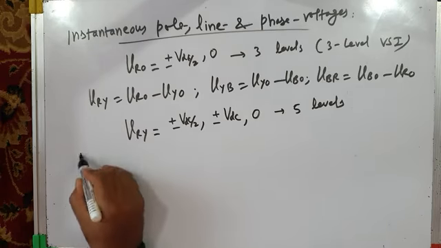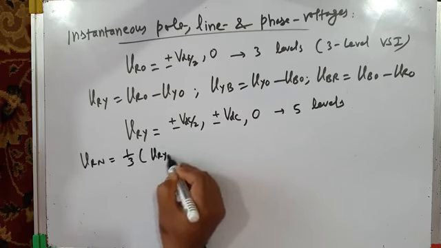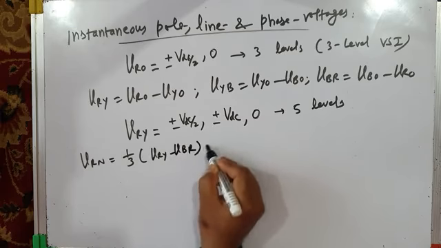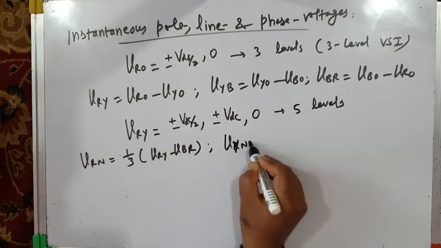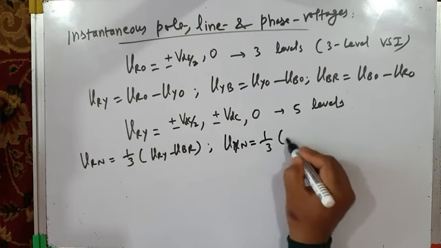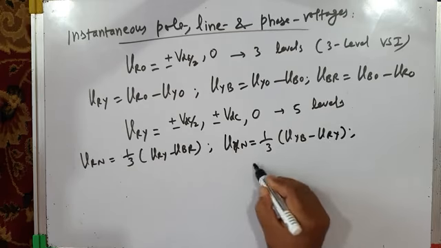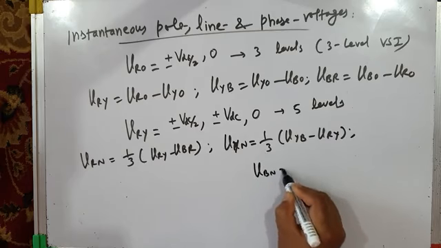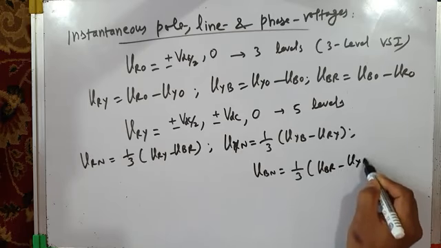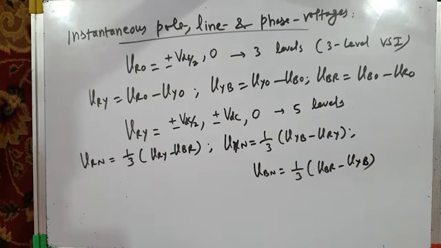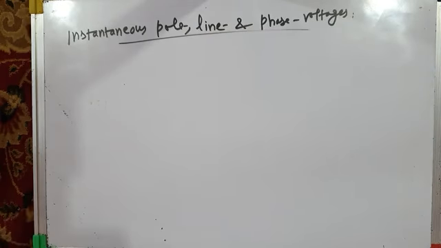What about phase voltages? Phase voltage VRN is 1 by 3 times VRY minus VBR. We already know it. Similarly, line to neutral voltage VYN is equal to 1 by 3 times VYB minus VRY, and phase voltage VBN is equal to 1 by 3 times VBR minus VYB. Therefore, phase voltages will have 9 levels.